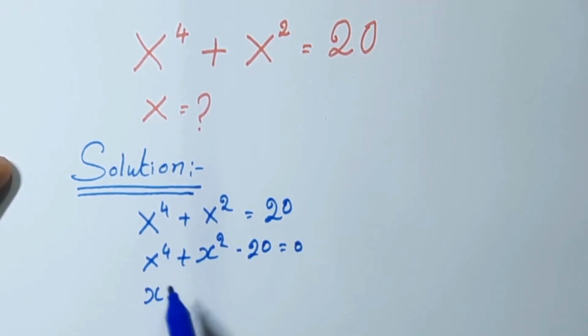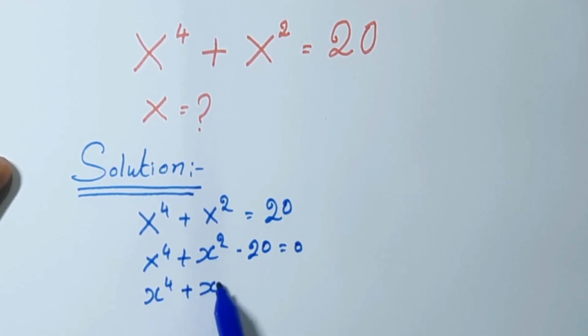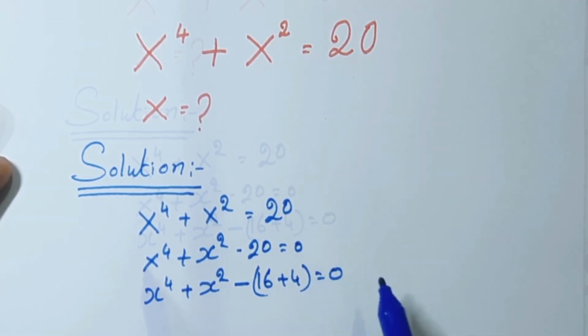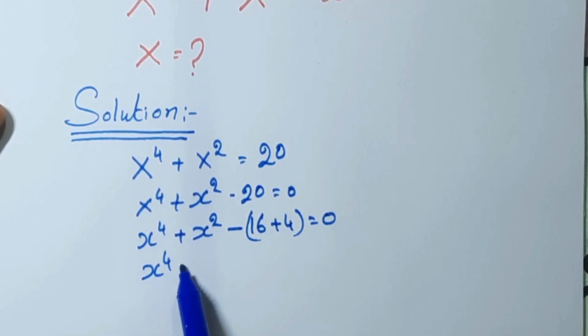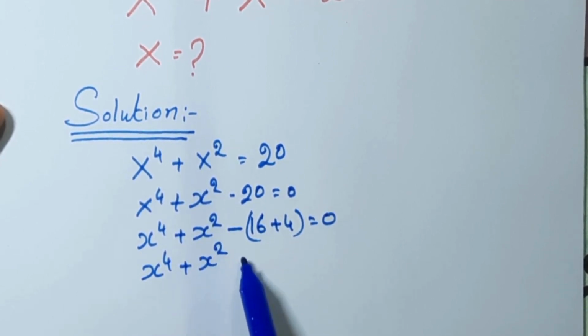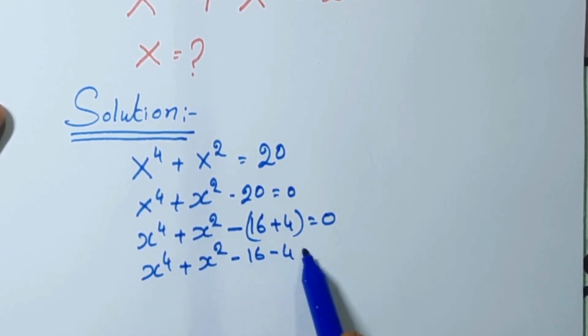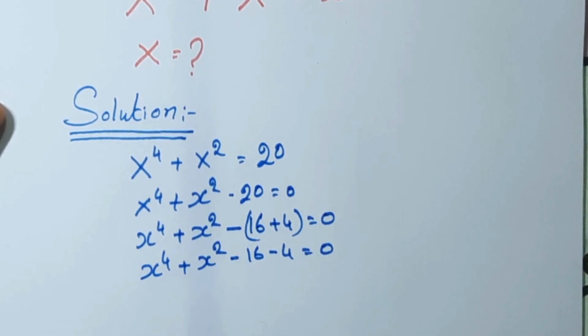Now x to the power of 4 plus x to the power of 2, this minus 20 we can write as 16 plus 4 equal to 0. So x to the power of 4 plus x to the power of 2 minus 16 minus 4 equal to 0.